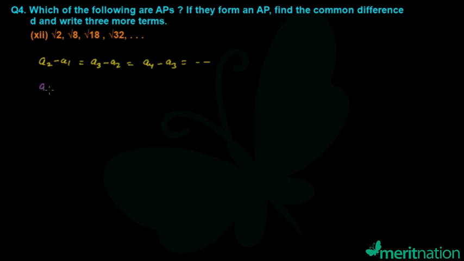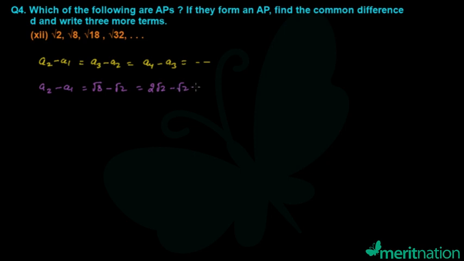The next part we have is root 2, root 8, root 18, root 32. So let's find out the differences. a2 minus a1 means root 8 minus root 2. Here it seems they are not like terms, but if we simplify root 8, we can subtract. Root 8 can be written as 2 root 2, and minus root 2 is there.